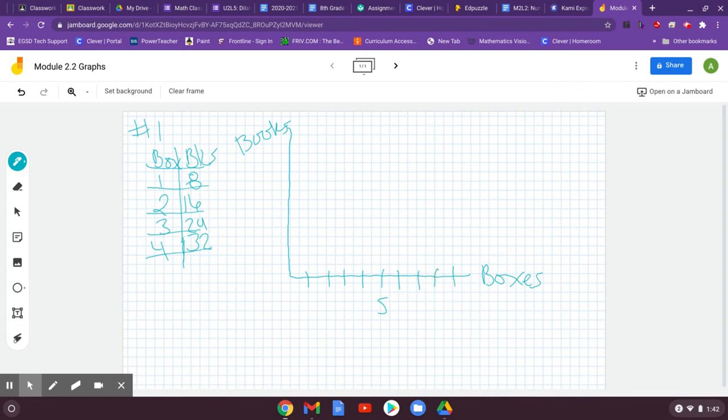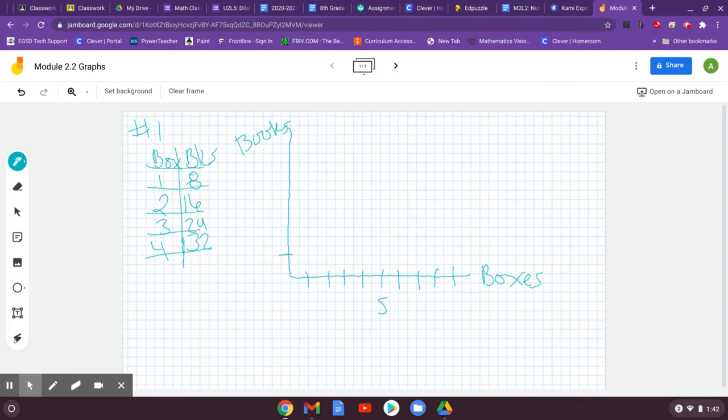And then if I do books, notice I'm going from 8 to 32. So I might want to count by 2s. I might want to count by 4s. Let's go. If I go 2, 4, 6, 8, 10, 12, 14, 16, 18, 20, 22, 24, 26, 28, 30. Barely get 4 up here. So let's go by 4s.